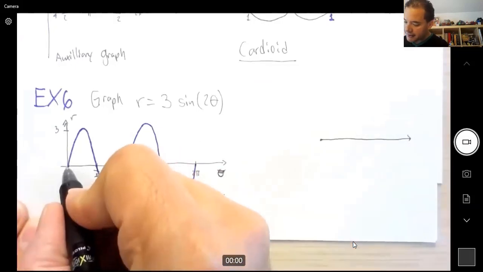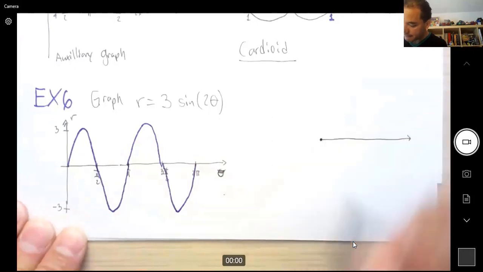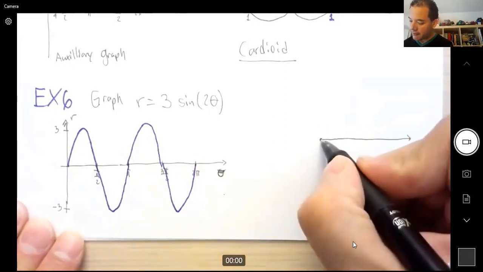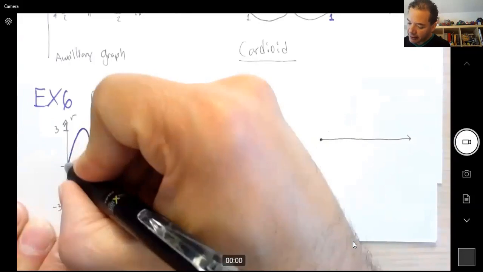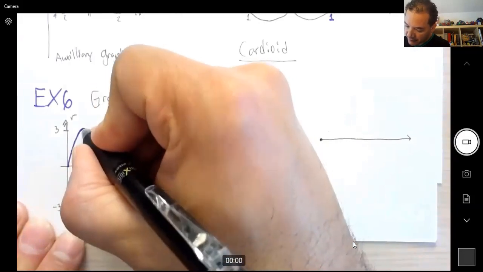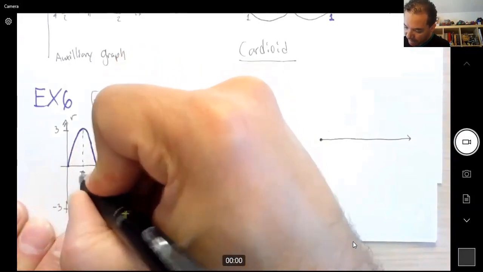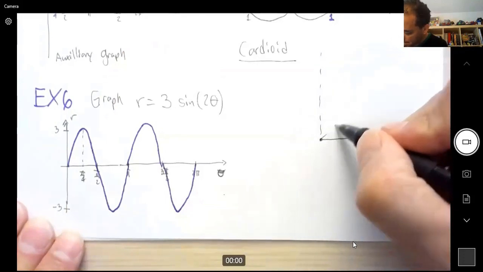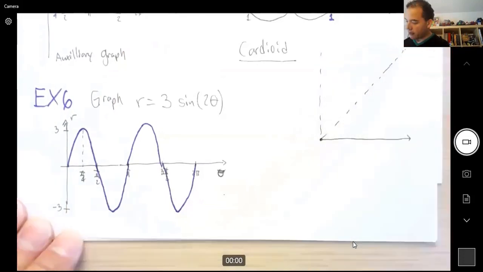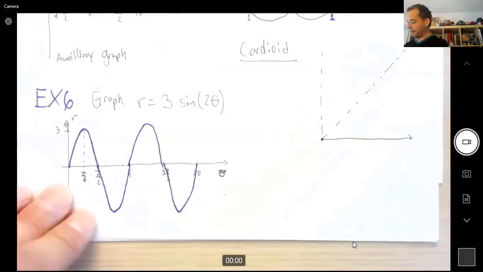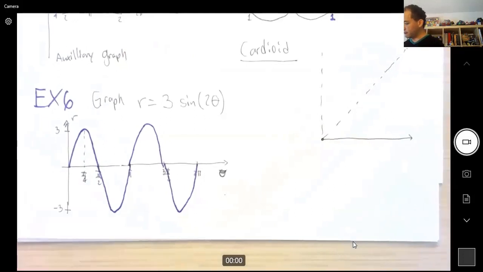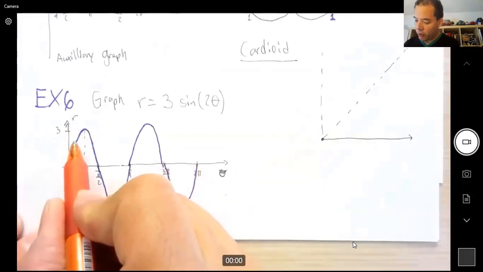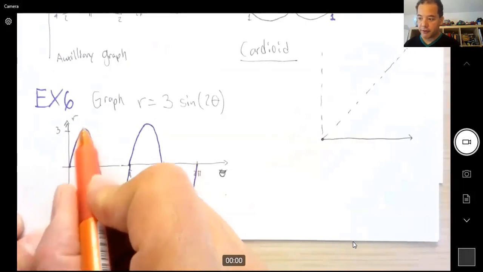And when the angle is 0, it starts at 0, right? So we start at the origin. And then let's analyze from 0 to, what is this angle? Pi over 4. So from 0 to pi over 4, what happens to our graph? Okay, so the radius grows all the way to 3 units, correct?